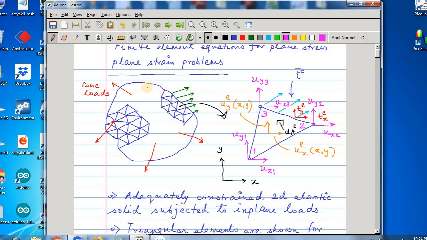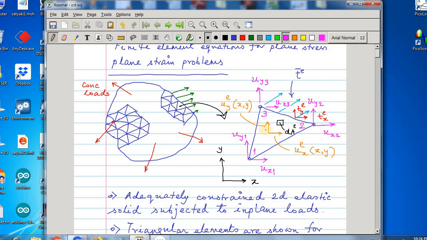Also you can specify it as load per unit length of the surface. So you have to first discretize the whole structure using these plane stress, plane strain 2D elements, and we have only shown a partial discretization here.